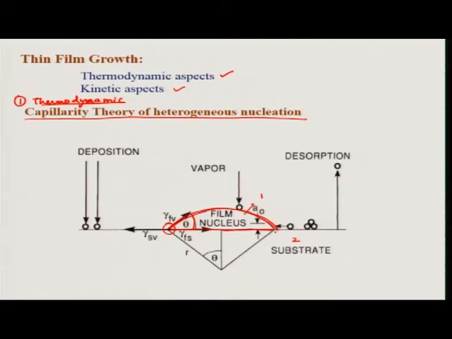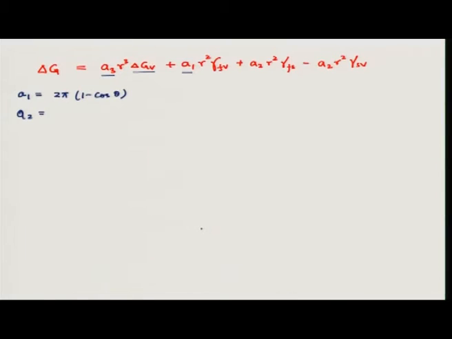So, this is my area of this interface. Now, if you see here, I have A2 at 2 points, right. So, this interface is being formed, and A2 will be given by pi sine square theta. So, this interface is formed when a nucleus is formed between film and substrate.